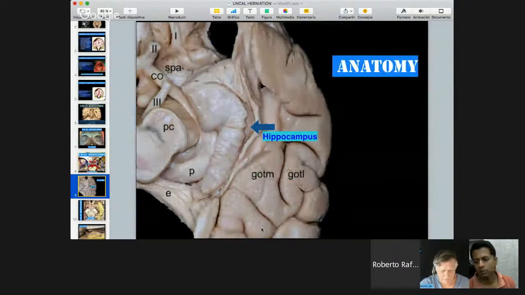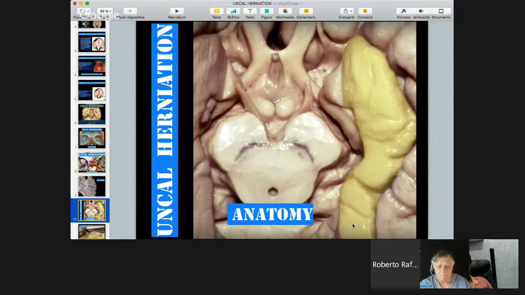This is the anatomy of the hippocampus. Here you can see the temporal lobe. This is the hippocampus, the inner area of the temporal lobe, and this is the cerebral peduncle, and this is the third nerve. Here you can see in yellow the hippocampus, and in this picture there is a very important detail.